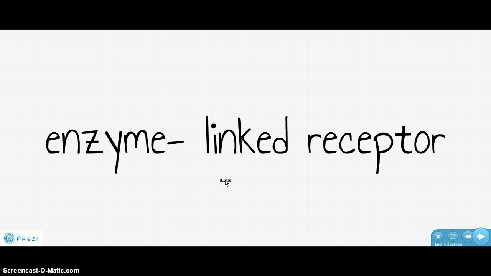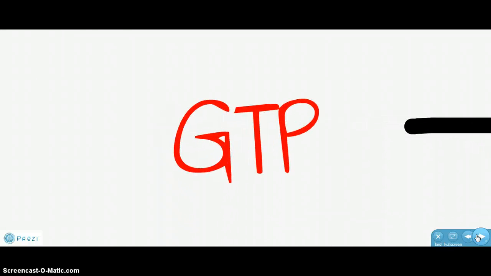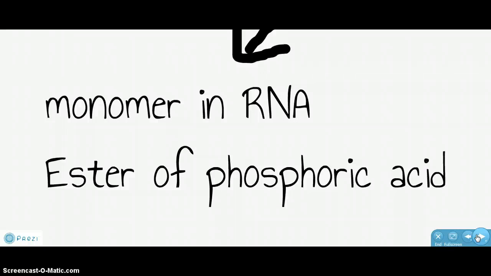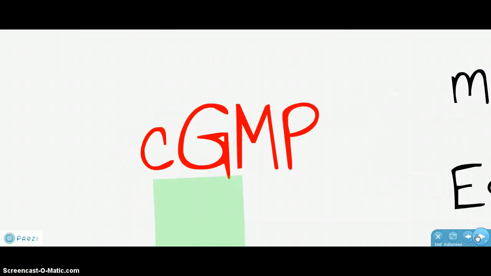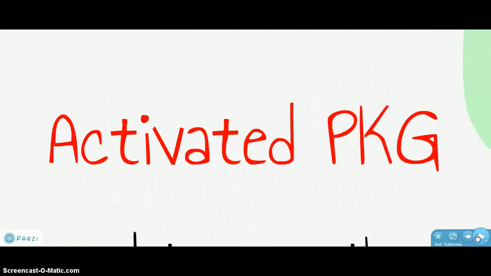And what it does is it hydrolyzes phosphate. So what this means is that it removes two phosphates and forms a 3' to 5' ring structure. And it also forms cGMP from the molecule GTP. cGMP and ATP provide energy, and they act on protein kinase.